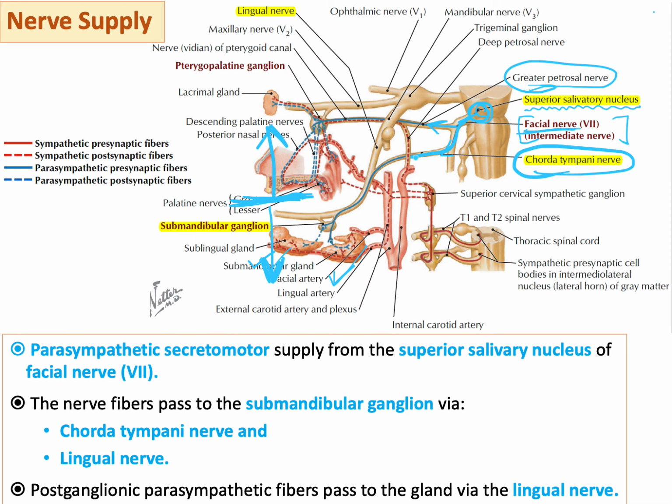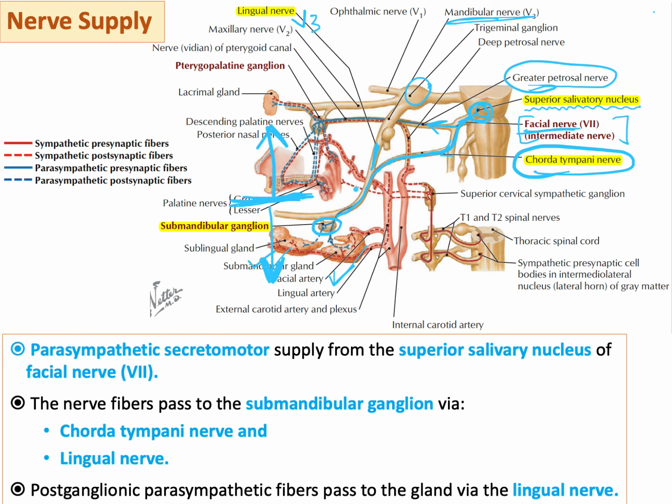From the chorda tympani, guys, the fibers will join the lingual nerve, and you know that the lingual nerve is a branch of V3, I mean the mandibular nerve, which is a branch of the trigeminal nerve. The chorda tympani joins the lingual nerve until it reaches the submandibular ganglion. This ganglion is a parasympathetic ganglion.